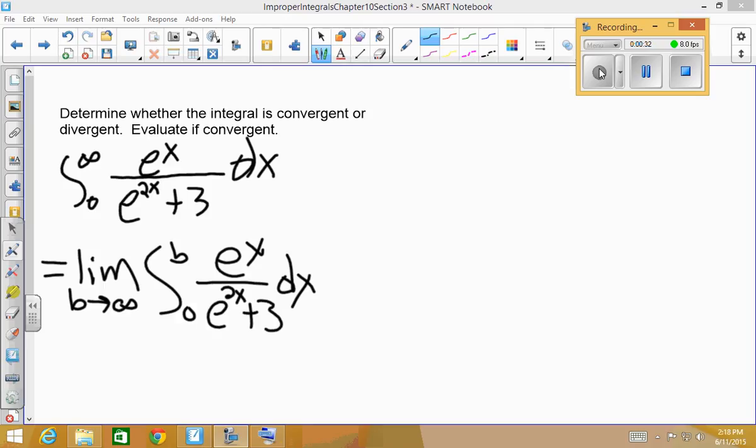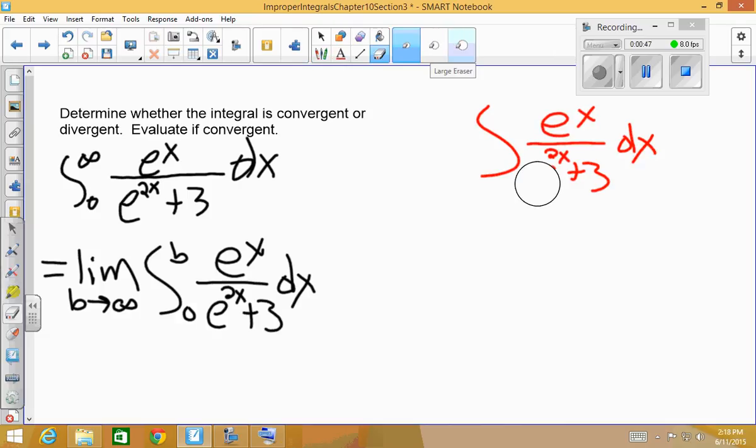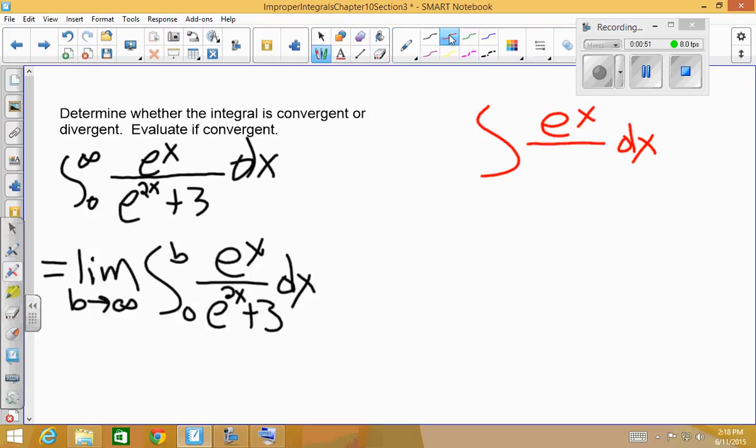In order to evaluate this, we're going to have to find an antiderivative of e to the x over e to the 2x plus 3. Well, notice that e to the 2x is the same as e to the x squared, and also 3 is the same as the square root of 3 squared.